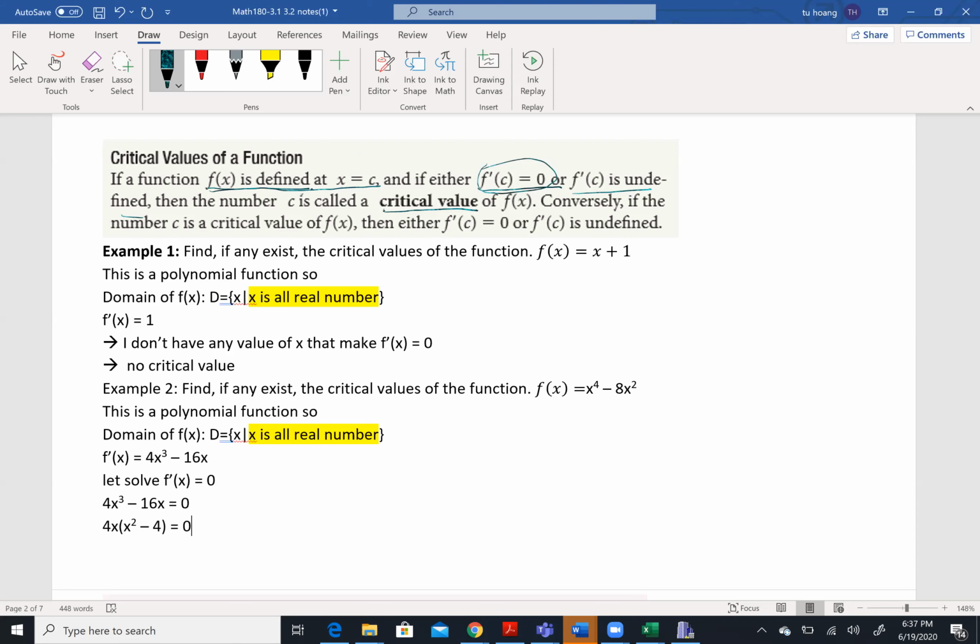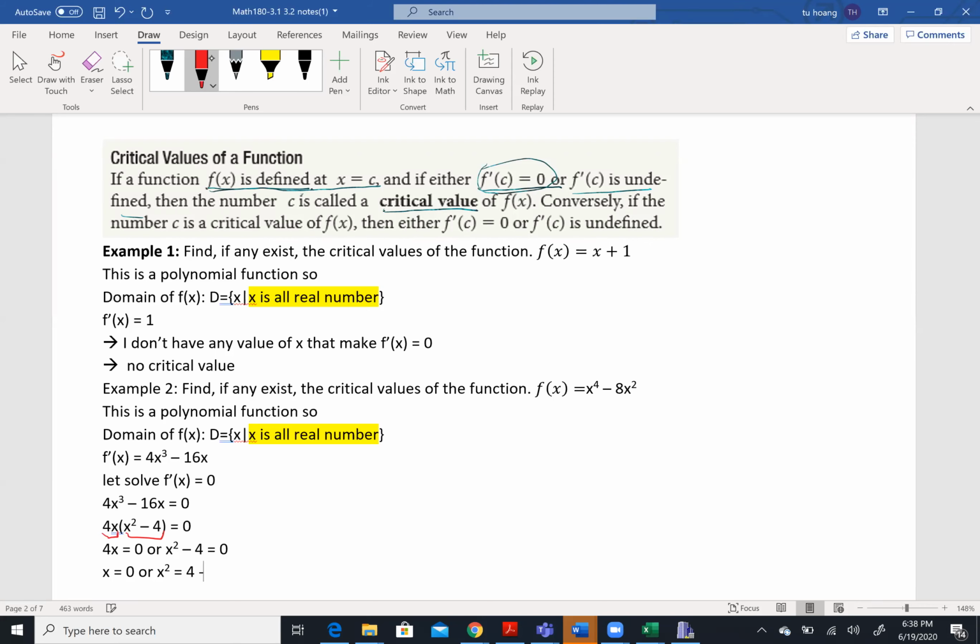Now you're going to apply the zero factor property. That gives you 4x equals 0, or x squared minus 4 equals 0. Either of them has to equal 0 to get a solution, right? First case, x equals 0. Second case, you add 4 to both sides and have x squared equal to 4.